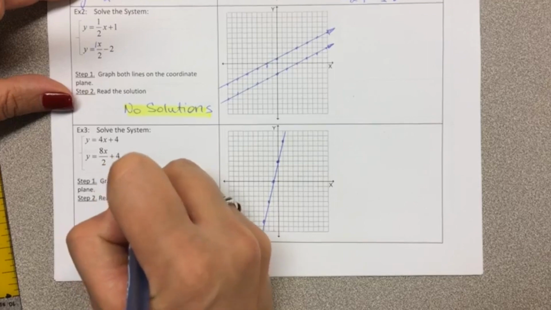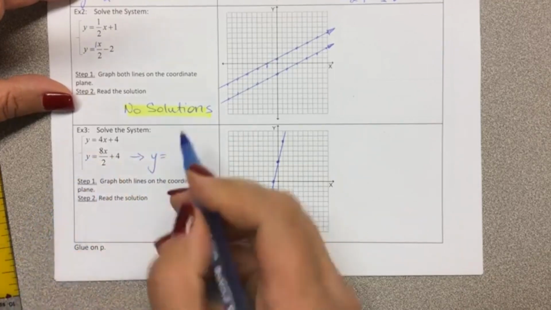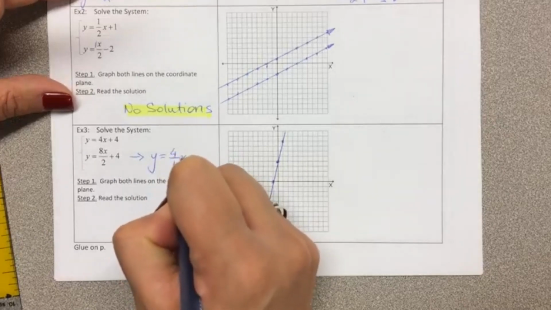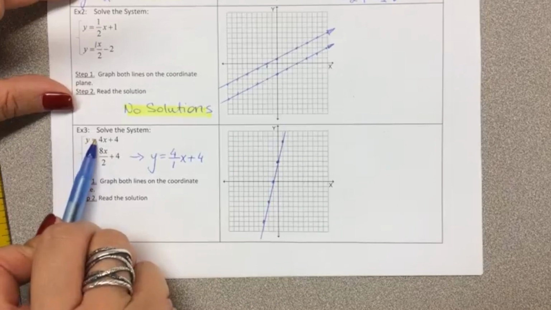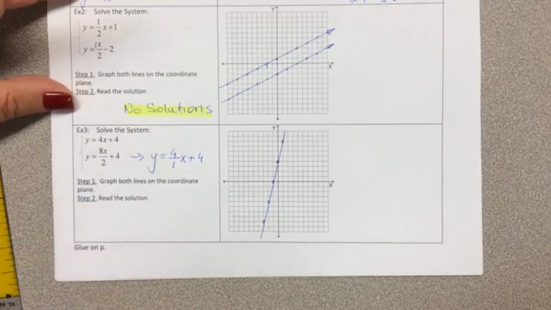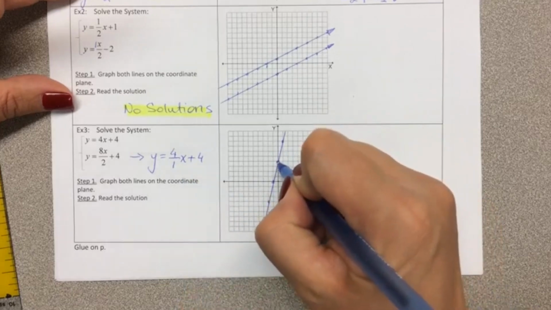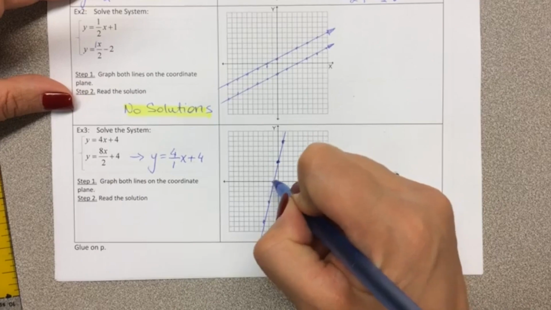So if I rewrite this equation using the simplified slope, 8 divided by 2 is 4 by 1 x, and it goes through 4, the y-intercept. So this first equation and the second are completely identical after we simplify the second equation. That has 4, again, as the y-intercept, and the slope is exactly the same, 4 by 1.